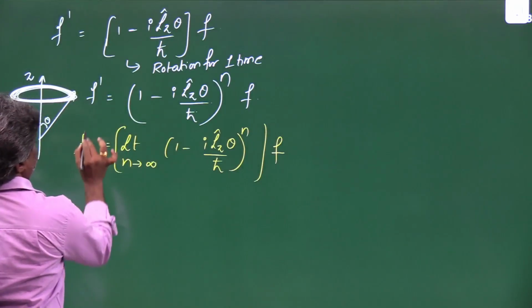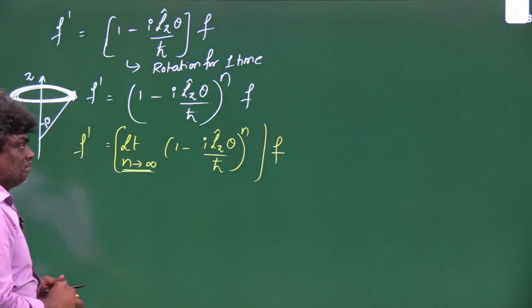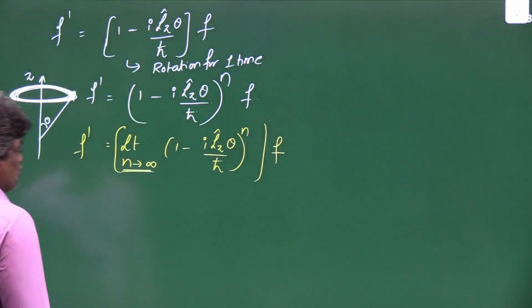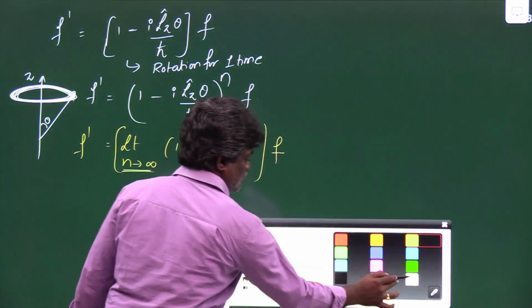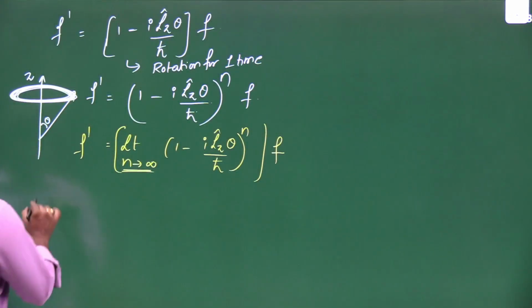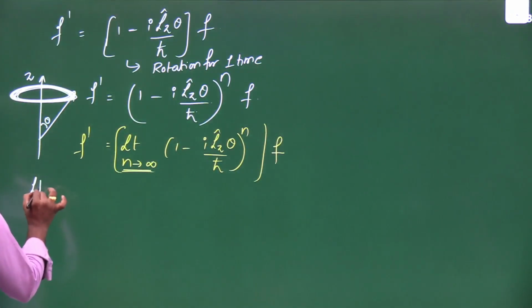I have taken the limit n tends to infinity because n is not a small number, it's a very big number. Okay, sir? Right. Now there is one limit formula we have to apply.